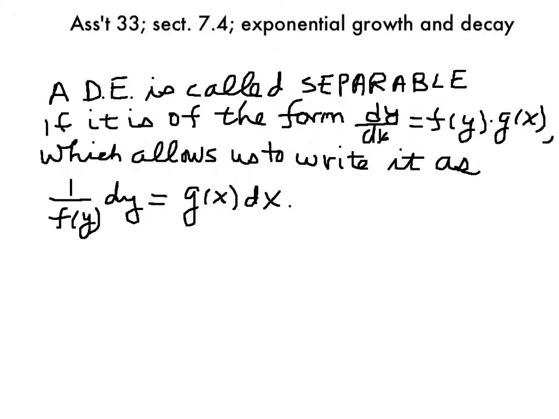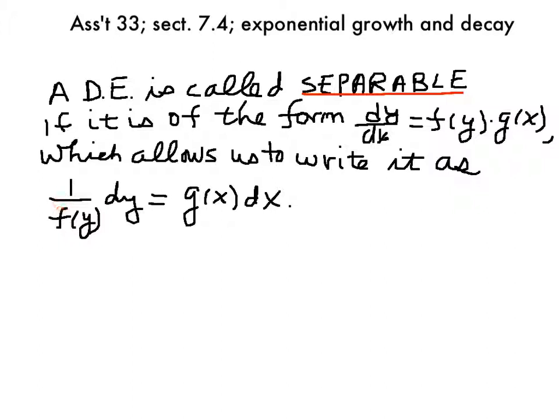In this section, section 7.4, we're going to be looking at exponential growth and decay, which gets us into a very special differential equation, which is called separable. And as you see here, a differential equation is separable if it's of the form dy/dx equals f of y times g of x, which means we can separate it out and write it like this.